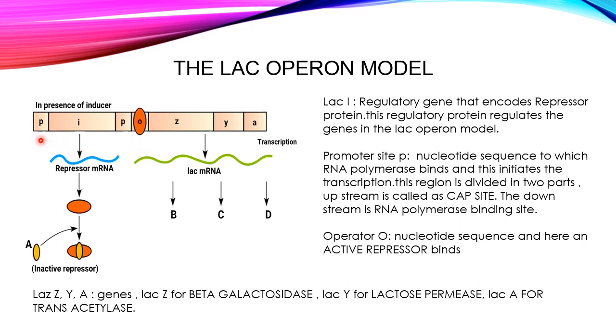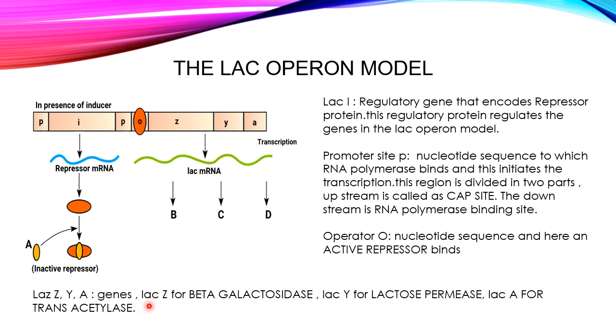The upstream of the promoter site is called the CAP site, and the downstream here is called the RNA polymerase binding site. So the RNA polymerase comes and binds here, just like the TRYPTOPHAN model. And here you have three structural genes, that is LAC-Z, LAC-Y, LAC-A.